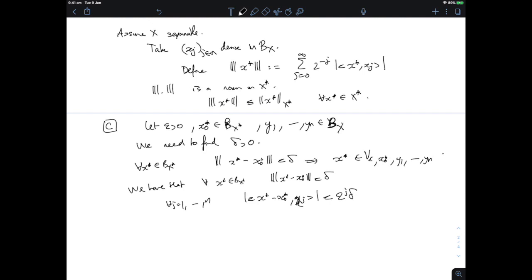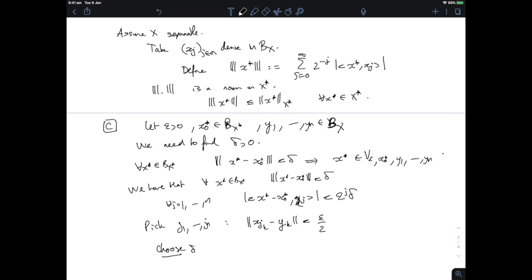So I can pick indices, let's call them j_1 till j_n, such that the norm of x_{j_k} minus y_k is smaller than epsilon, let's say epsilon over 2. That's by density of the x_j, so I can approximate my y_k by some x_{j_k}. All right, now I can choose delta.